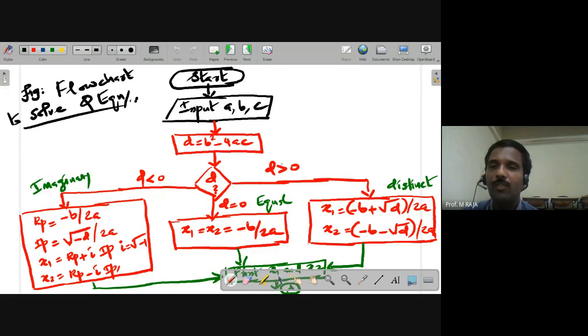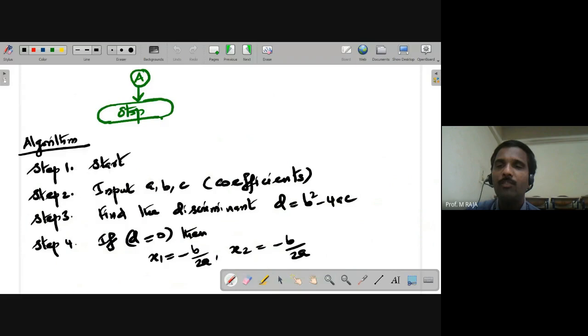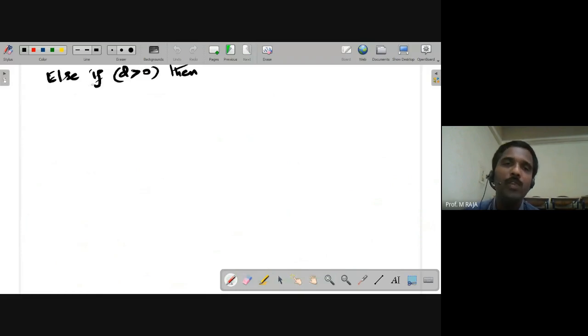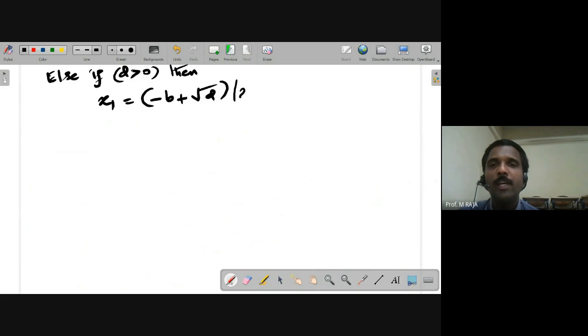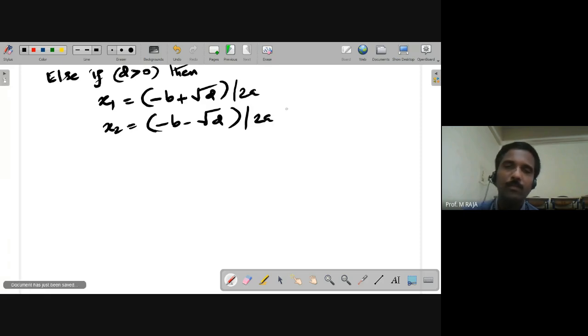In this case, x1 is equal to minus b plus square root of D whole divided by 2a, and x2 is equal to minus b minus square root of D whole divided by 2a.